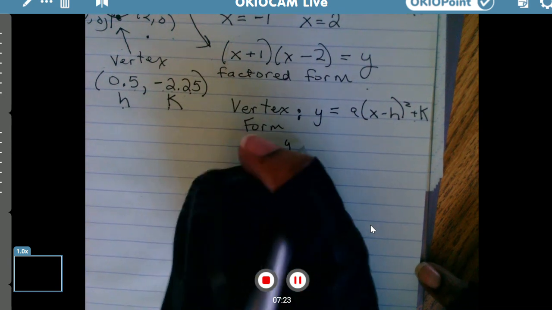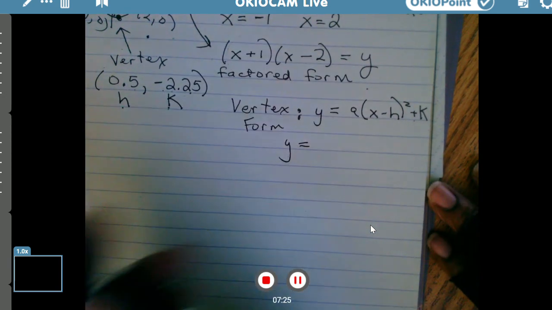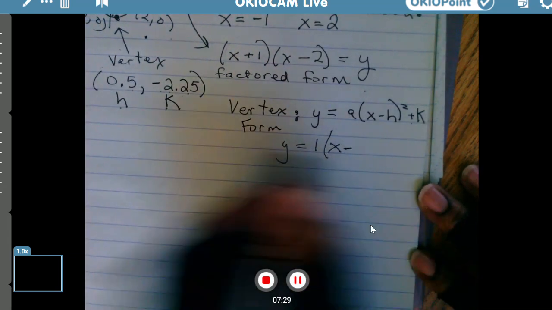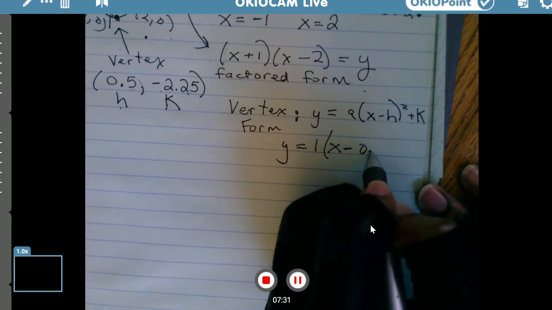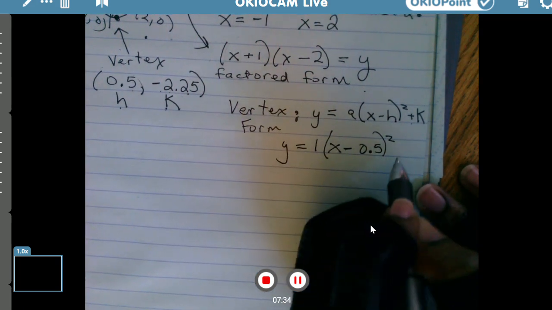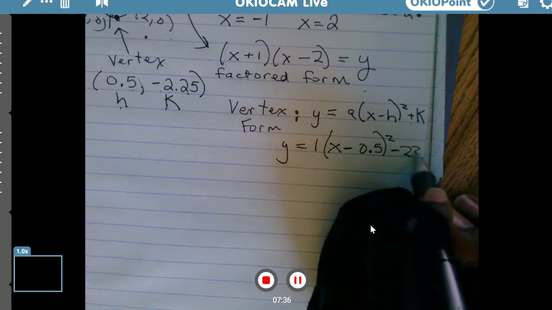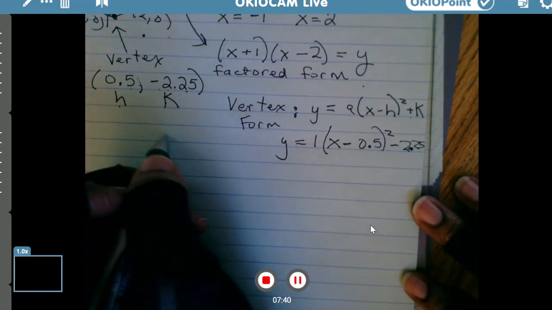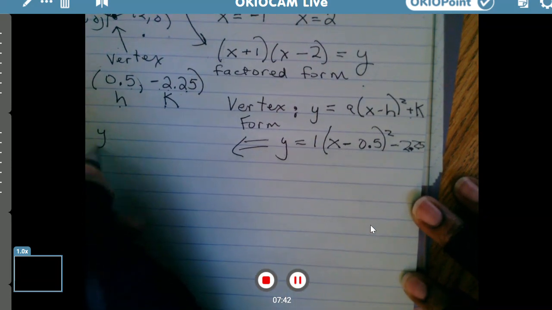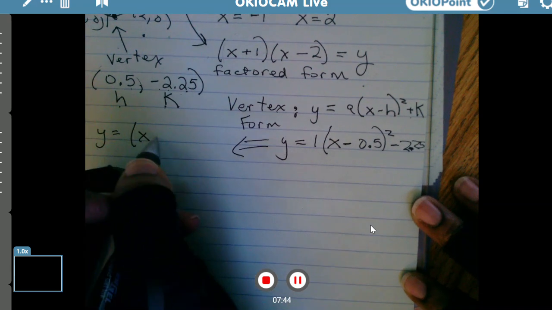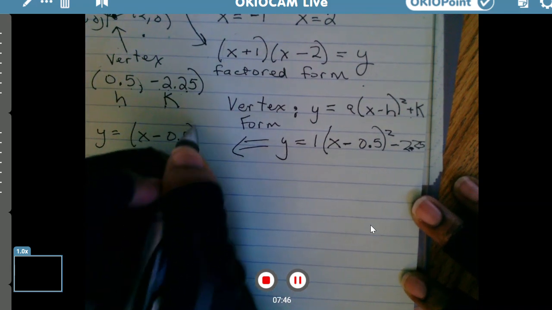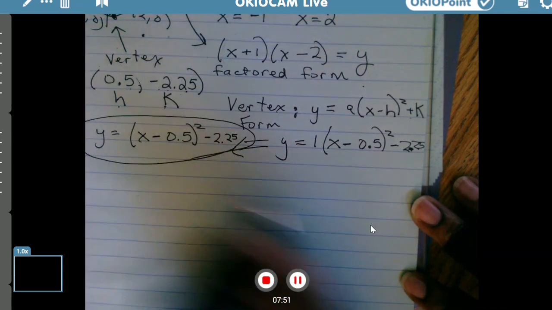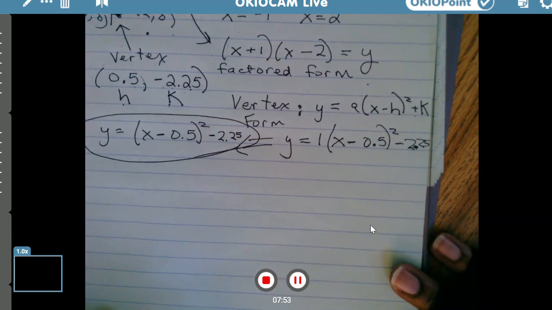It is going to be y equals (x - 0.5) squared minus 2 1/4. Let me write that again. y equals (x - 0.5) squared minus 2 1/4. There's the vertex form.